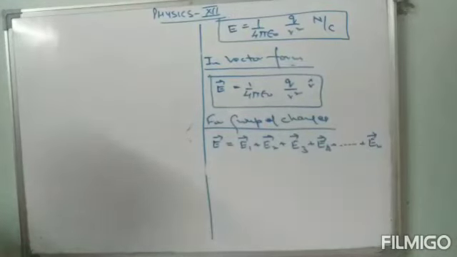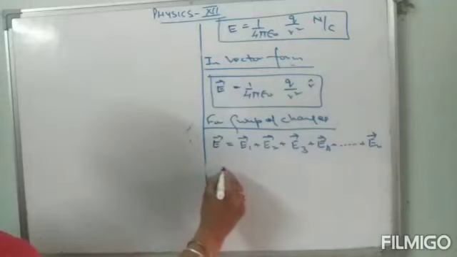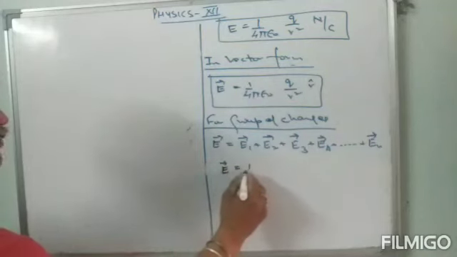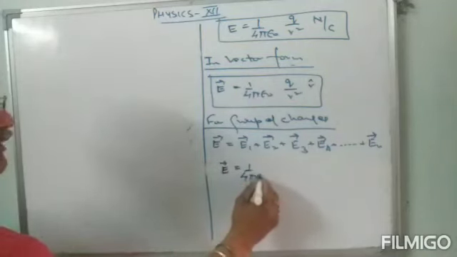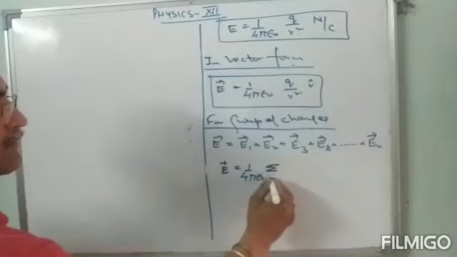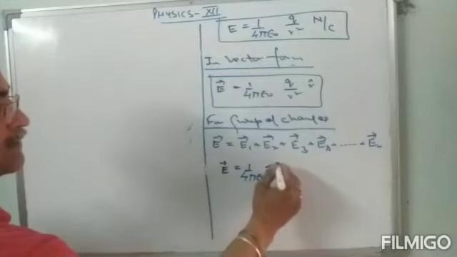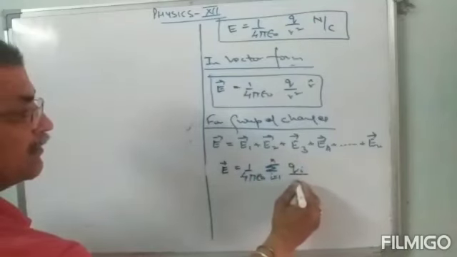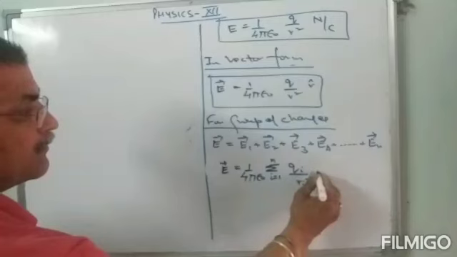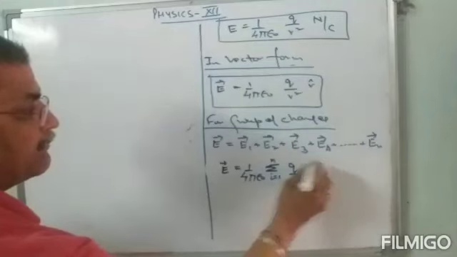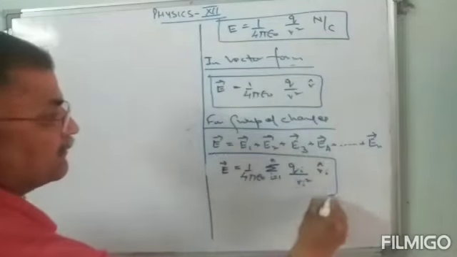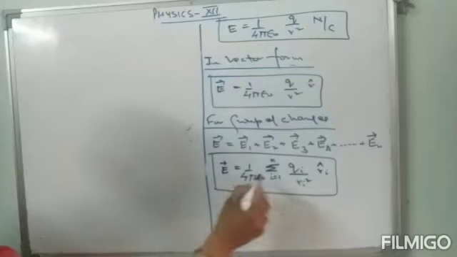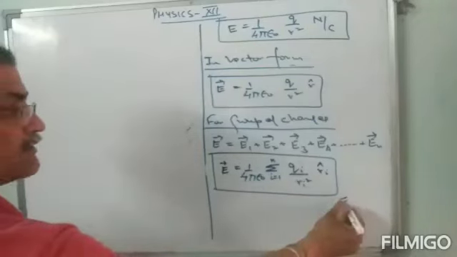We may write this as E vector is equal to 1 upon 4 pi epsilon naught, summation i is 1 to n, Qi upon Ri square, Ri cap. This cap is known as a unit vector. This summation sign means you're adding all the charges together.